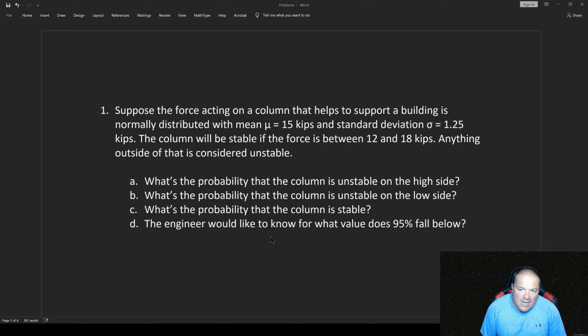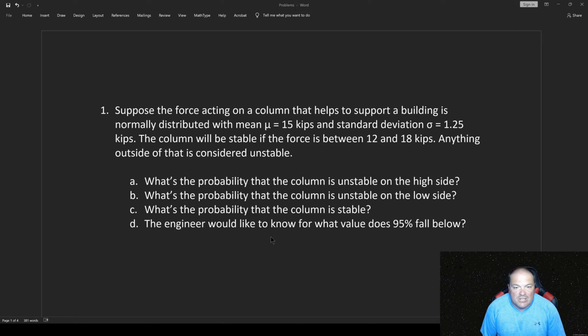Or what's the probability that x is less than this, or at most this, or at least that? The nice part about this particular question is it gives you some of that information, but then it puts you in a scenario, and all we're really asking still are those simple, this is greater than that, this is less than this type questions, but you have to weed that out of the question itself. So let's start with this.